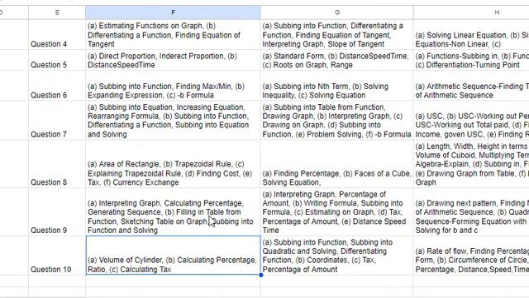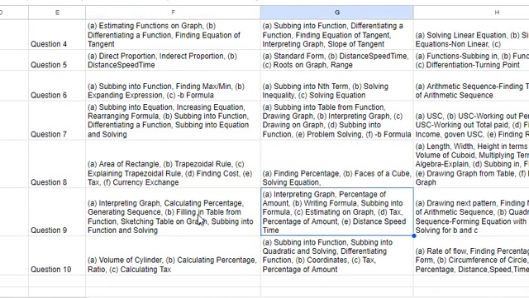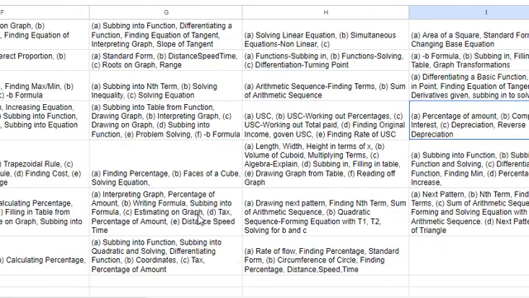I didn't go through this for differentiation actually, but yeah, so you see they're filling in the tables for question 9 last year. Subbing into a table from a function is question 7 there, 2022.